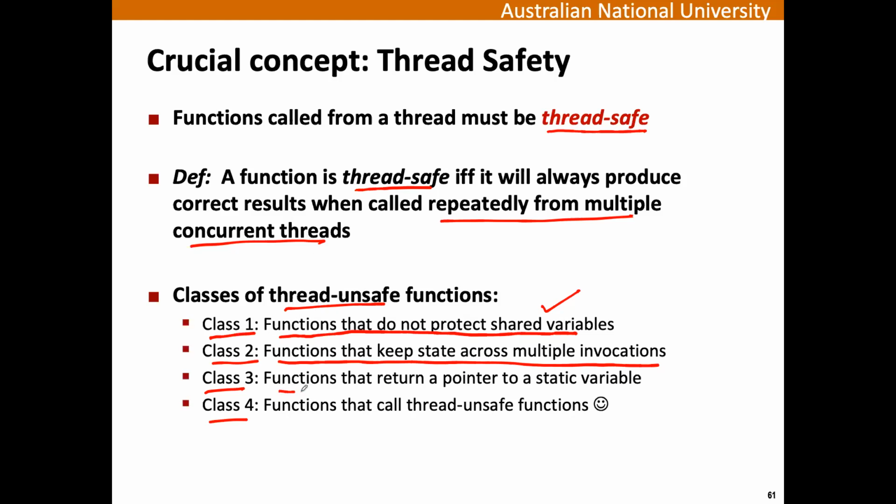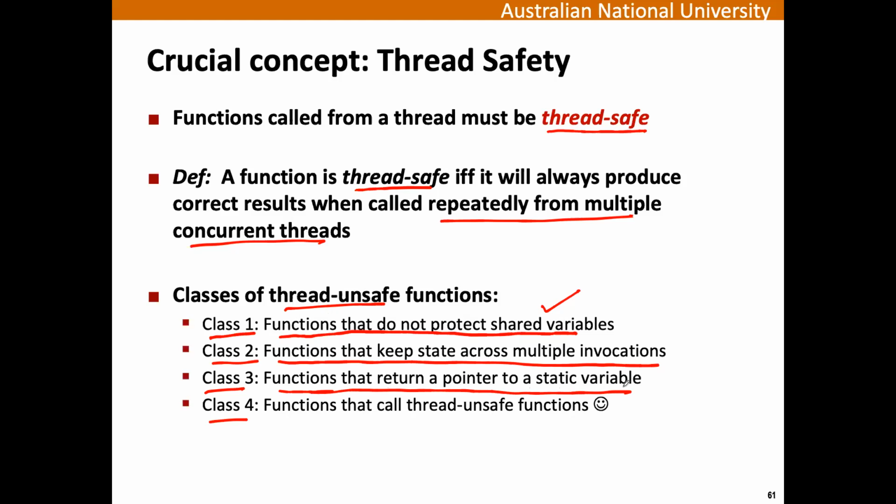Class 3 is functions that return a pointer to a static variable. Historically, for some reasons, there were functions that always return the address of a static variable, and then the user can dereference the static variable and do something.